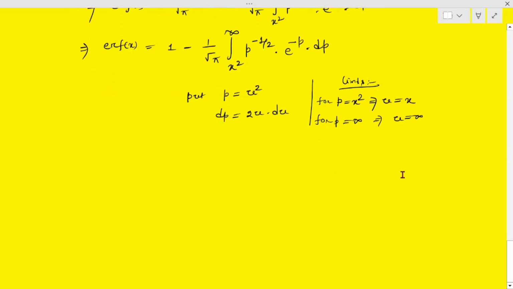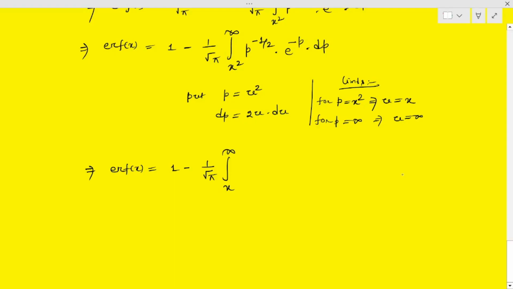So the above integral will be written as: error function of x equals 1 minus 1 by root pi. Here the limits will be changed, x square to infinity to x to infinity. Here p we considered as u square, right?